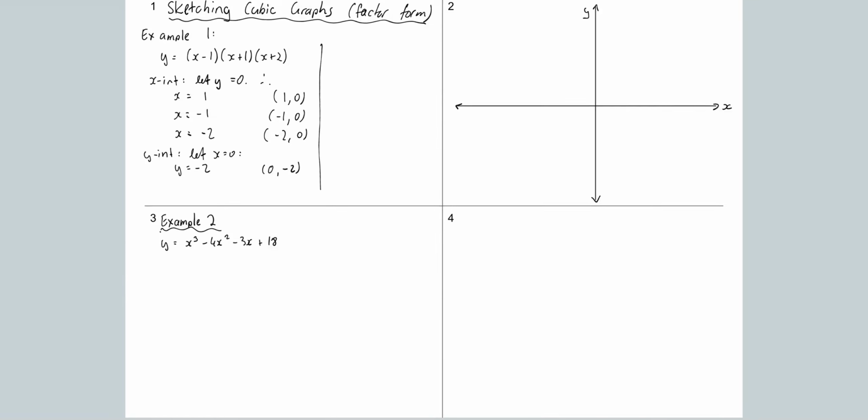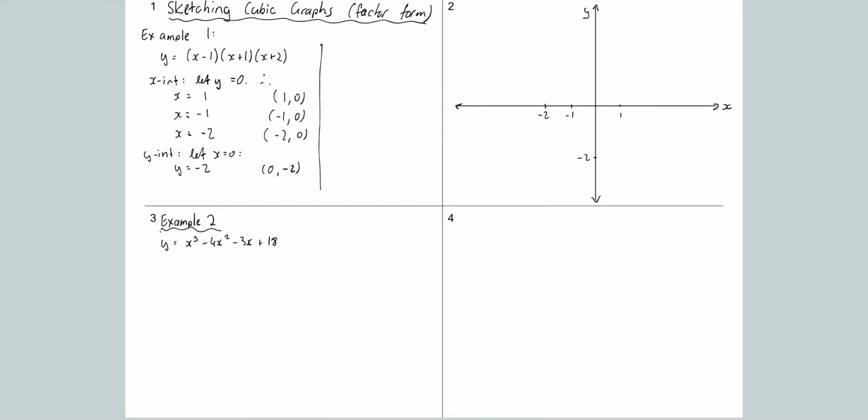I've got a 0 at 1. And I've got another 0 at minus 1, so I'll just try and space it out fairly tidily. And then I've got another one at minus 2. And then I've got a y-intercept at minus 2.